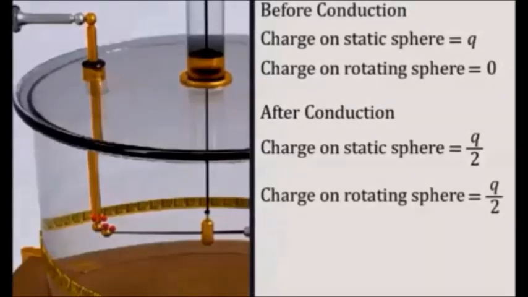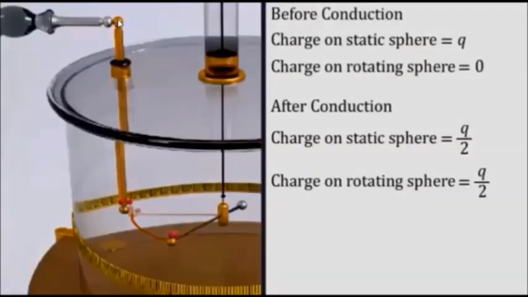So now both have the same amount of positive charge within them. So what will happen? They will repel each other. And that amount of repulsion we can note down as the deviation on the scale attached to the cylindrical glass case.